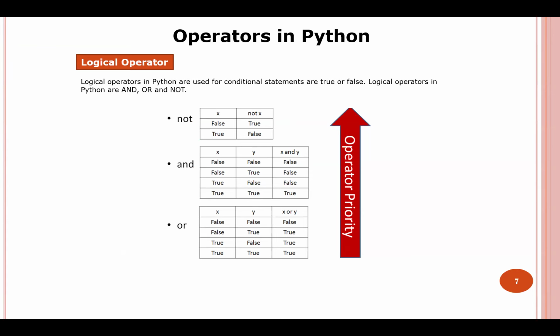So you can check this using the and or. Similarly, as we have seen in the student example. Okay, so this is the logical operator.